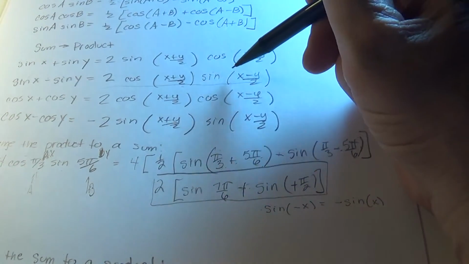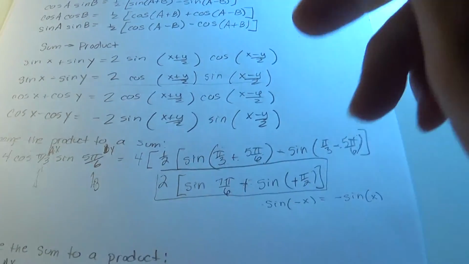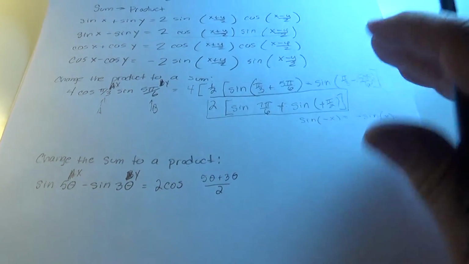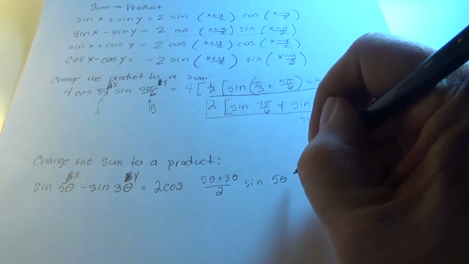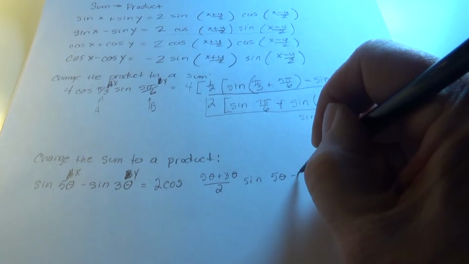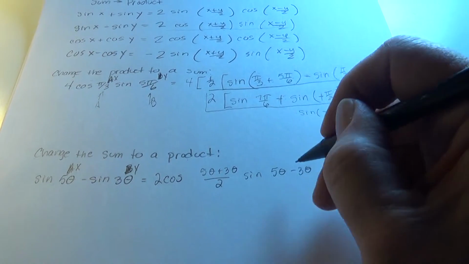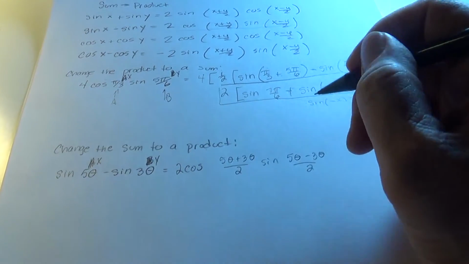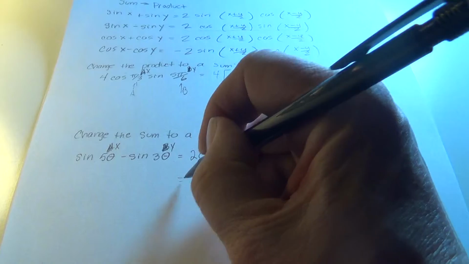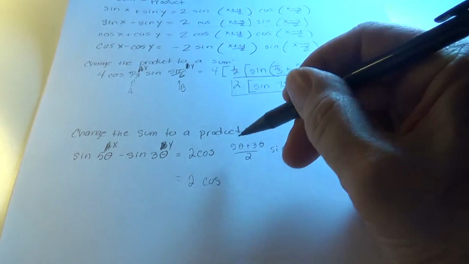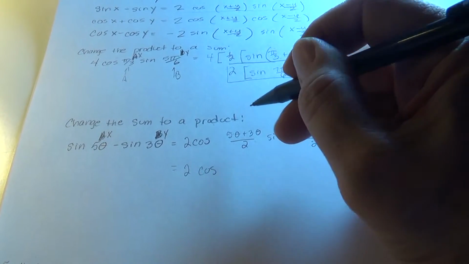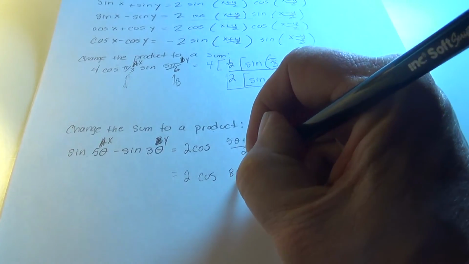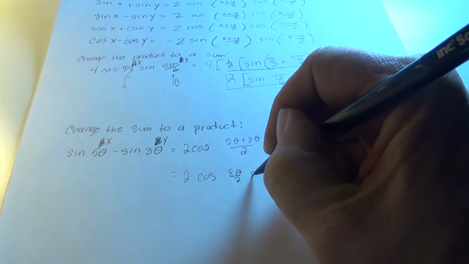Now it says sine of x minus y over 2. So come back down: sine of x minus y over 2. And all I have to do is clean that up a little bit. And I get 2 cosine. This is 5 theta plus 3 theta over 2, which is 8 theta over 2.